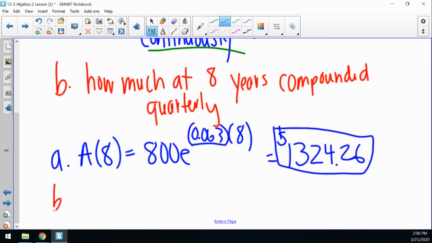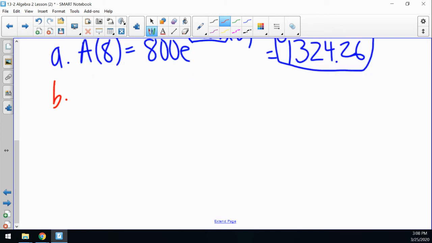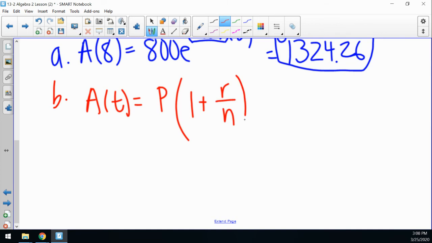Now in part B though, we're going to compound it quarterly, right? And so that's a different problem all in itself. For that one, maybe you forgot the formula, but we'll write it out. It goes like this: A of t is equal to P times 1 plus r over n to the n times t power. The reason we use that one is because now we're taking our rate divided by how many times it's compounded, and then it does it n times t times, right?